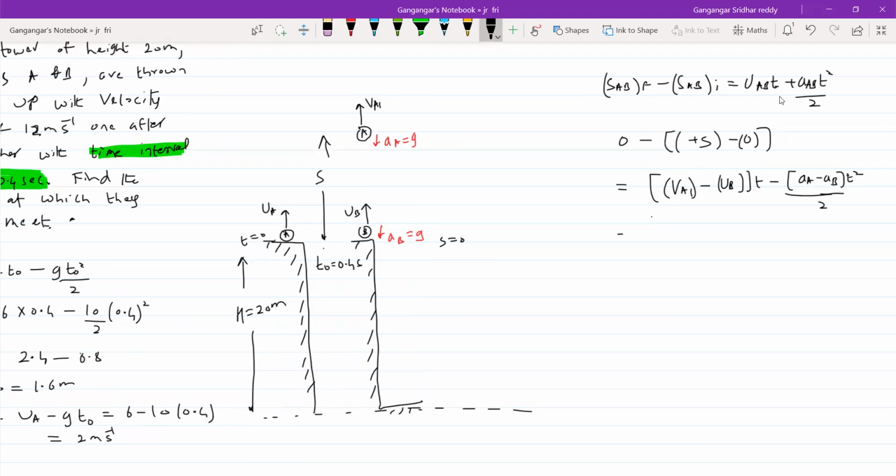So this will be minus of 1.6, value of S, how much we got? 1.6 is equal to VA1, this we know, 2, minus UB.